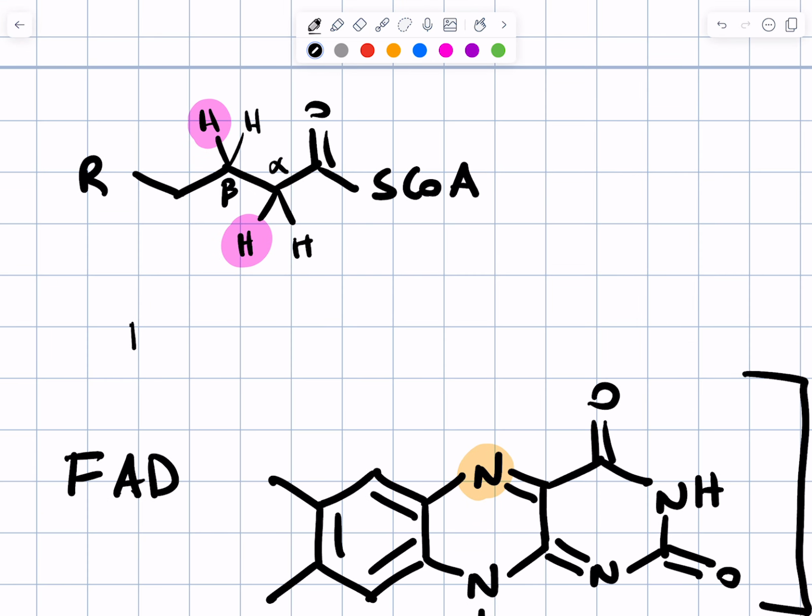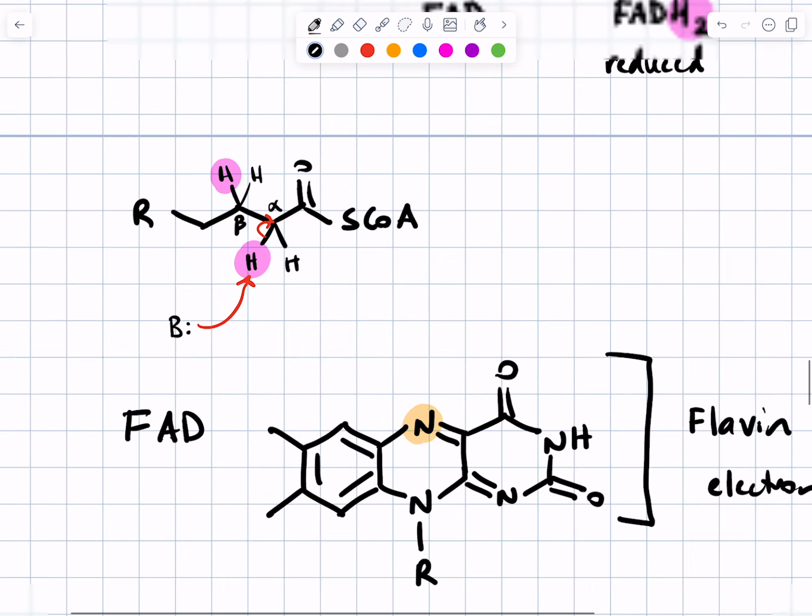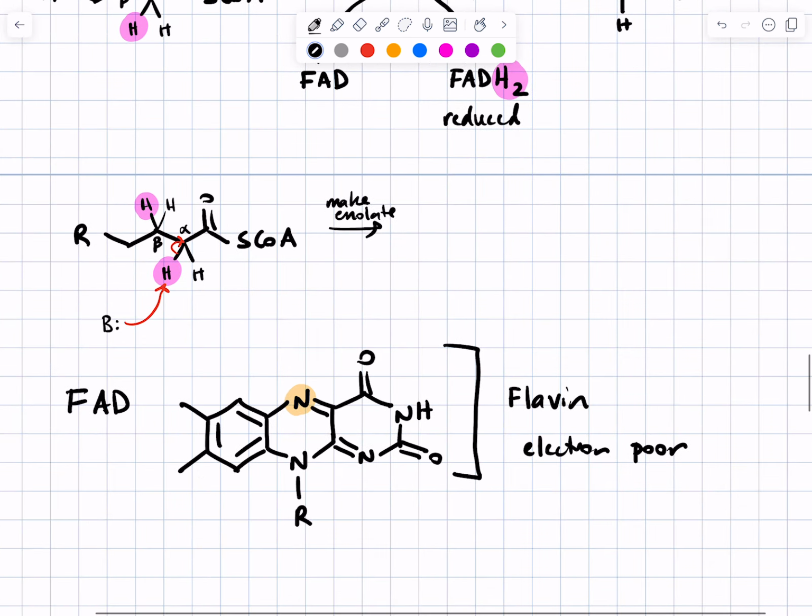Of your available protons, which should be more acidic, the ones on the alpha carbon or the ones on the beta carbon? Alpha, right? We're used to that. Hello, everything you did about enolate chemistry. So our first step in this mechanism is remove the alpha proton to make the enolate.